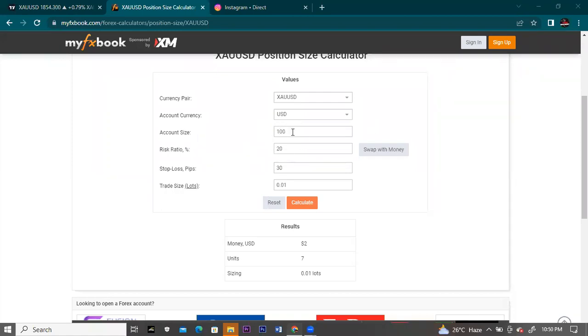Put the $100 here, put the risk you can afford to lose. Let's say you want to risk $20, which is 20% of $100. So you put 0.07, and if it goes against you, you will only be losing $20, the equivalent of $20 in Naira.